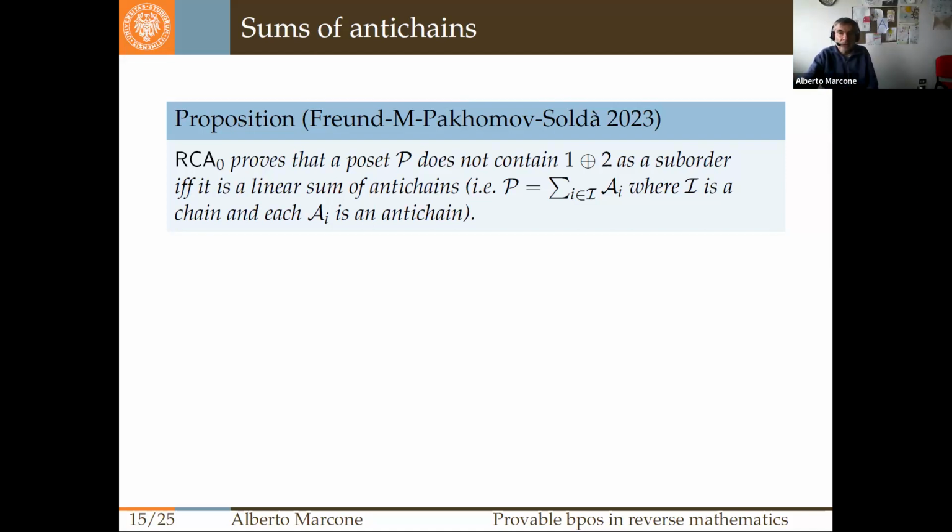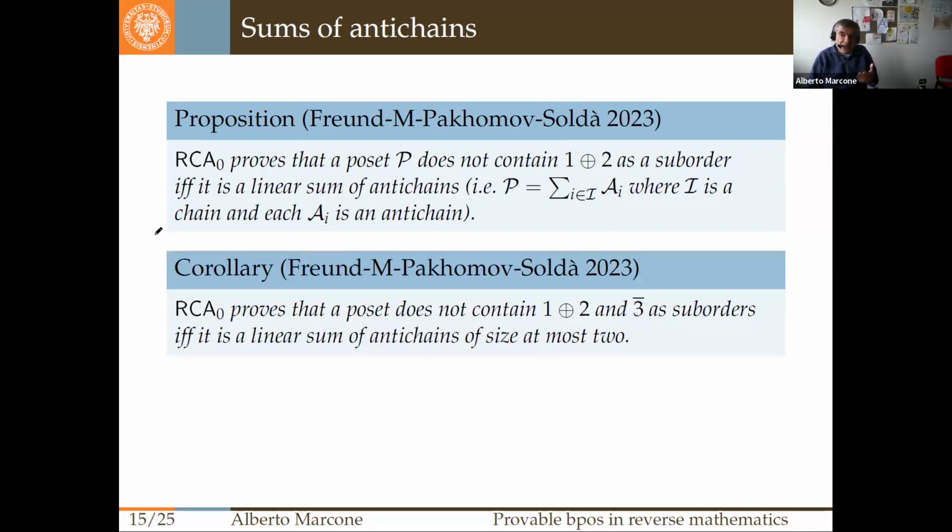The fact is that if you don't have a copy of 1 plus 2, essentially the incomparability relation is an equivalence relation, or literally the reflexive closure of the incomparability relation is an equivalence relation, and you can partition your partial order into maximal anti-chains, which will be linearly ordered. So that's the first observation.